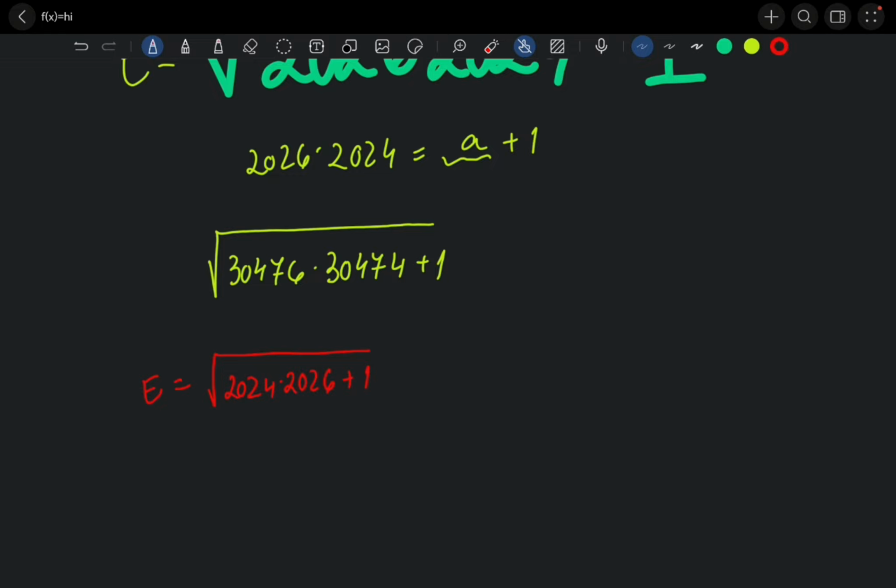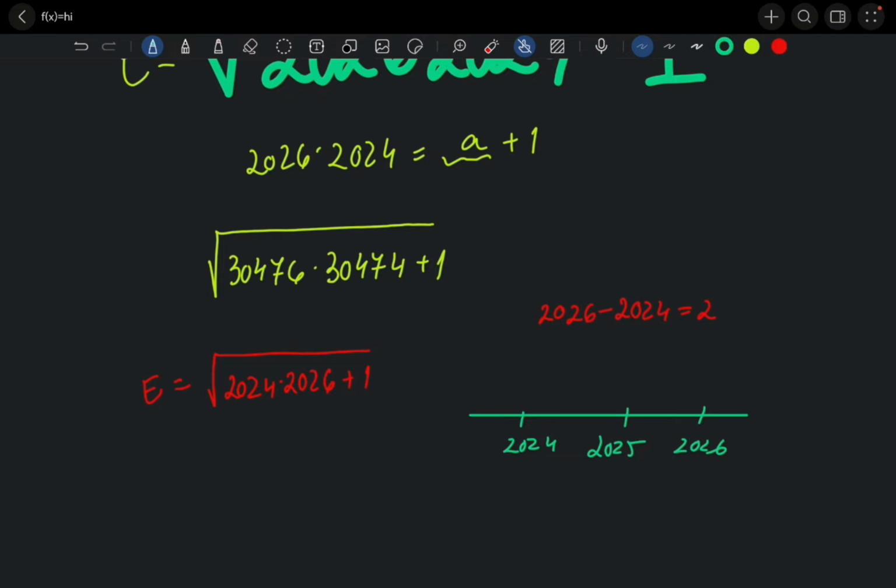The difference between them is, I believe all of us know, 2026 minus 2024 is equal to 2. That's pretty easy to see. So if we are looking at the number line, we have 2024, 2026, and in the middle we have 2025.